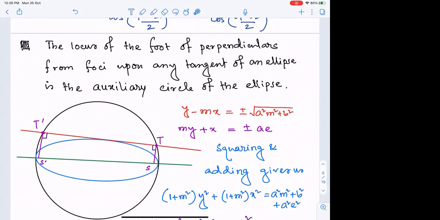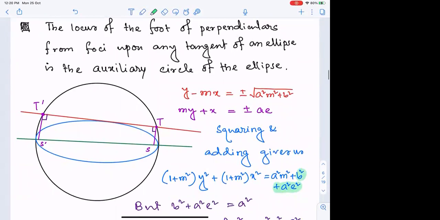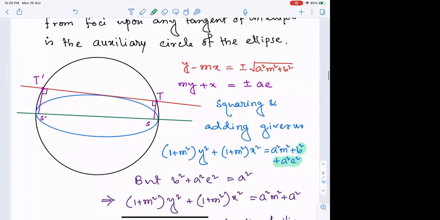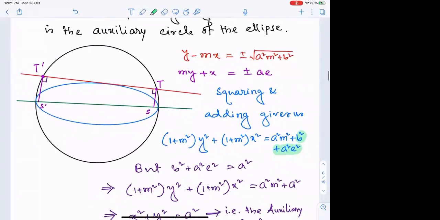Now out of this, b square and a square is square, they will have their addition a square, and hence the association becomes 1 plus m square times y square added to 1 plus m square times x square is equal to 1 plus m square times a square.